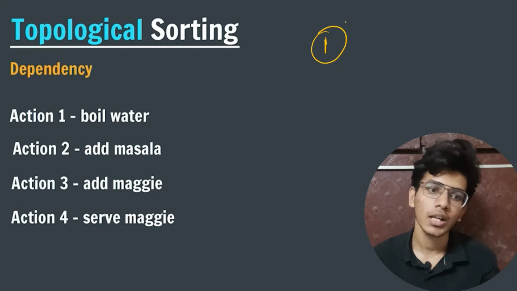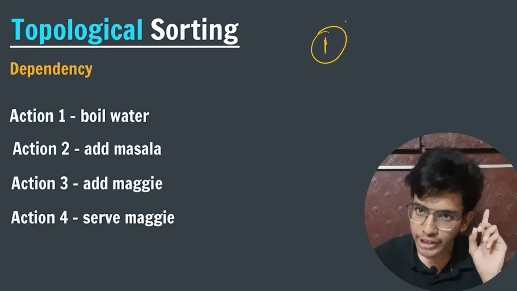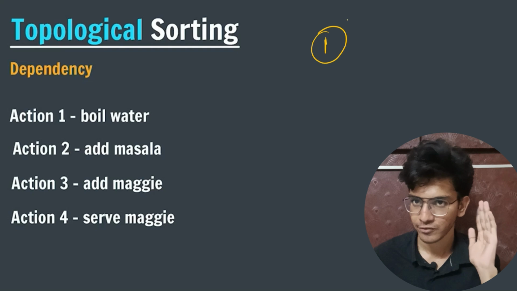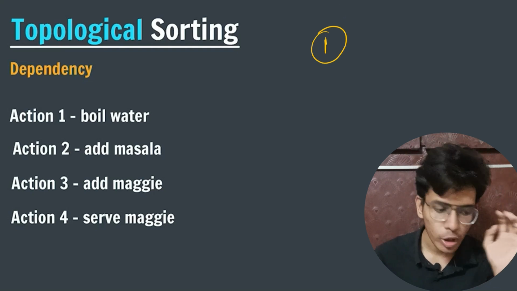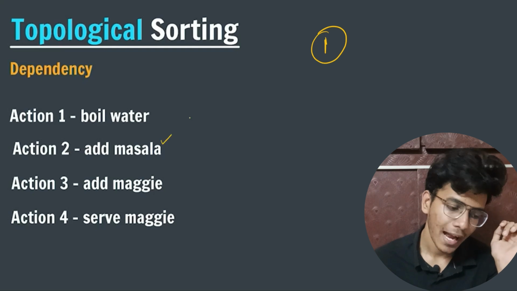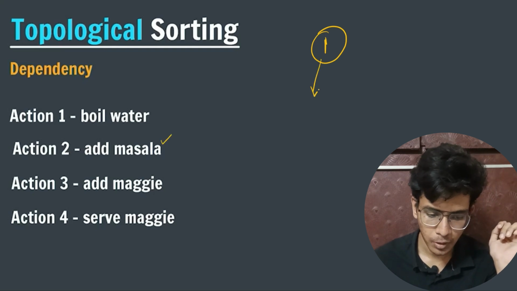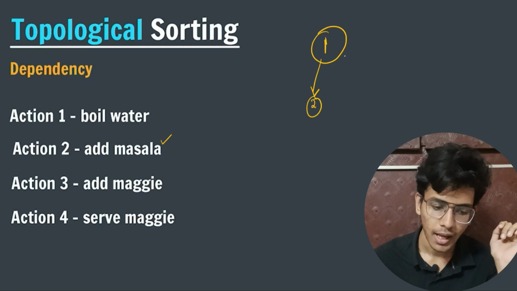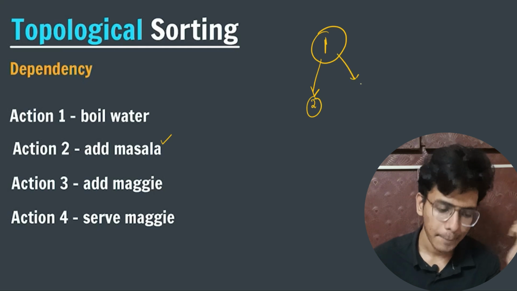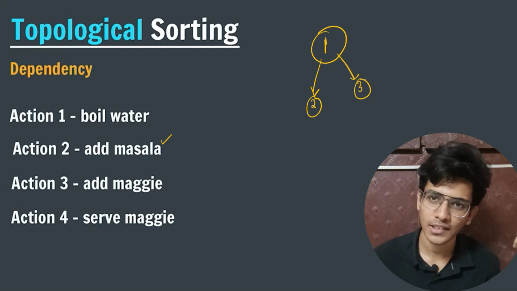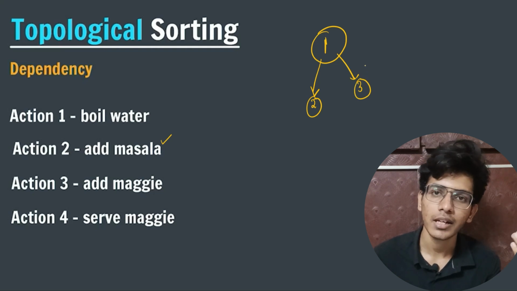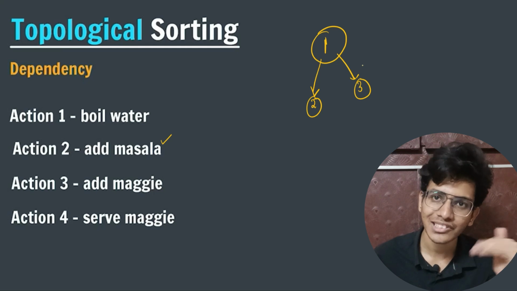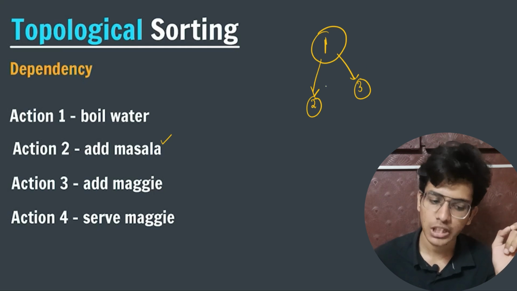Now after boiling water, some people add masala first and some people add Maggi first, depending on their choice and taste. But these two things can be done separately and the sequencing doesn't matter. So the stage of these two nodes is the same.